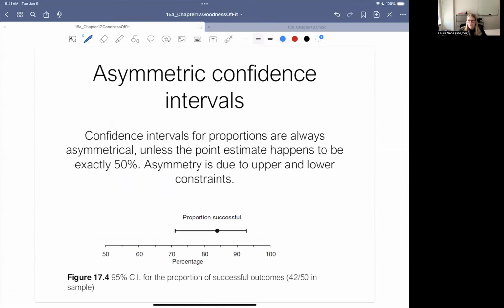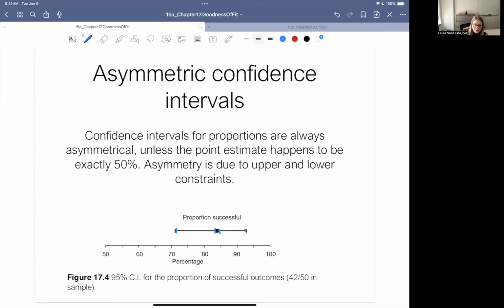Unlike the confidence intervals we've talked about so far, confidence intervals for proportion are asymmetric, meaning there's one side that's shorter than the other side, right? So my error bars don't come the same distance out of either side. And really that asymmetry is due to the fact that you can't be above 100. You can't be below 0 in this context.